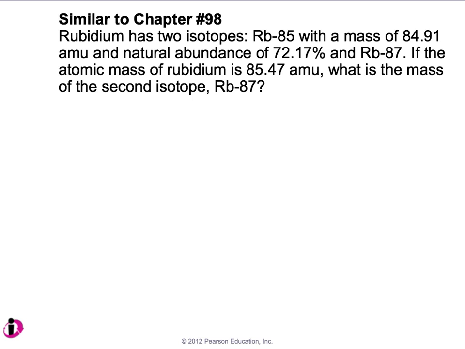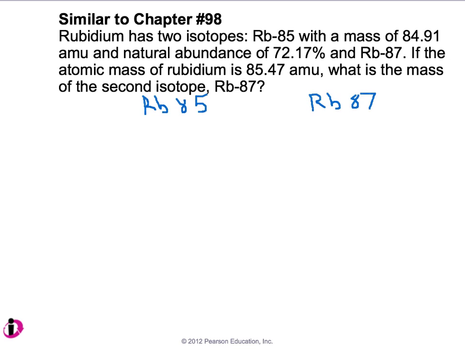Since there's so much information floating around in this question, let's make a little chart to organize what they're telling us. Again, there are two isotopes: rubidium-85 and rubidium-87.